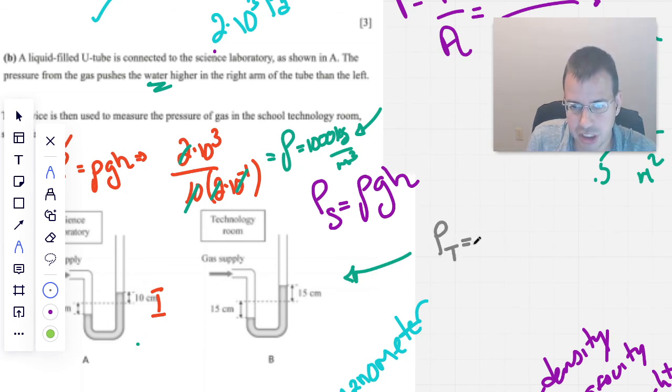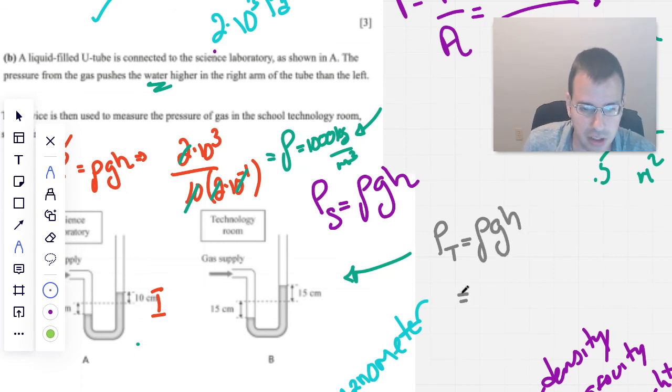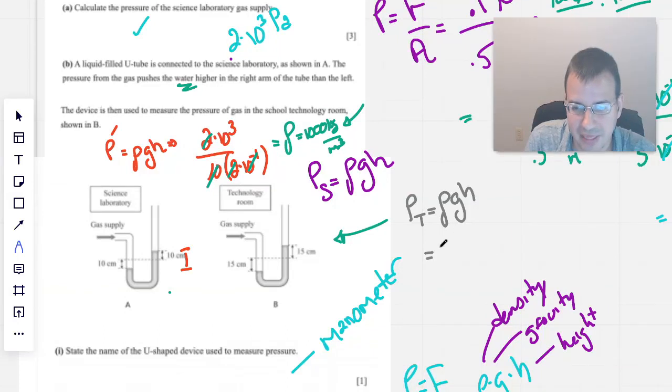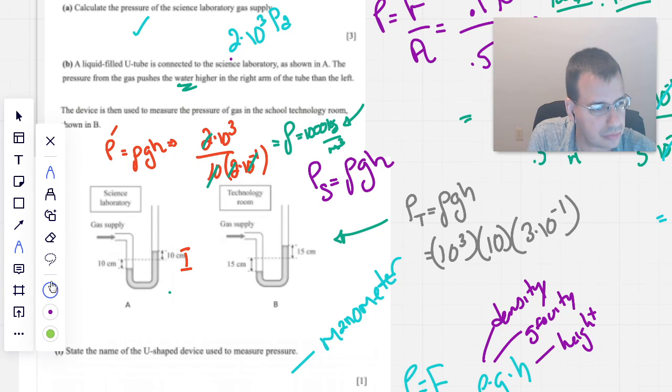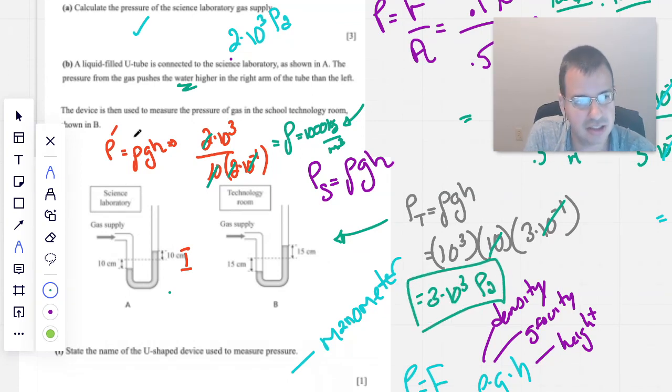Pressure technology equals rho g h, where this is the density of the fluid. We know that's 1,000, which is 10 to the third. Gravity, which I'm calling 10 for convenience, times the height, which is 3 times 10 to the negative 1. We have 10 to the negative 1 and 10 to the first cancel, and that gives us 3 times 10 to the third pascals, which intuitively makes sense.